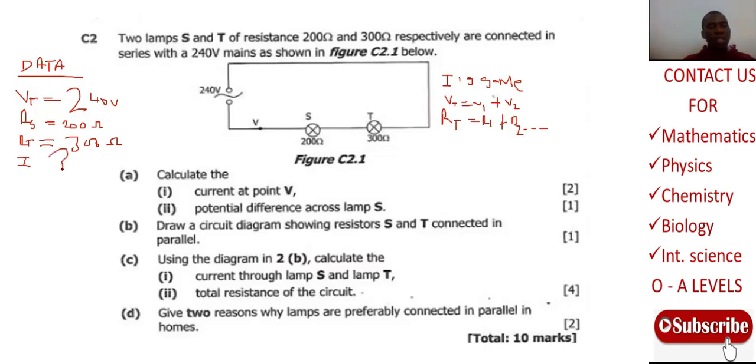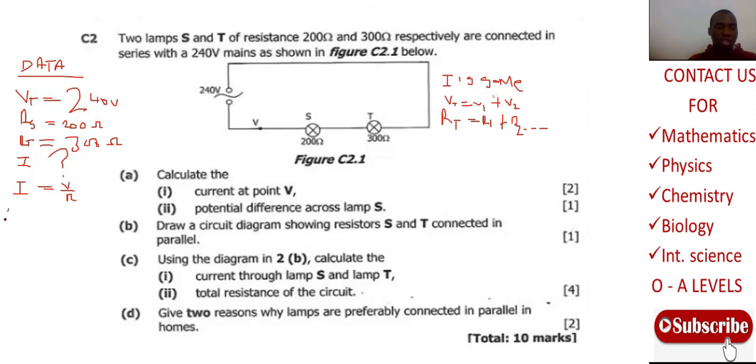Now, because current is the same in the circuit, we first of all need to know the formula, which says current is equal to voltage over resistance. Now, since current is the same here, we first of all need to know the total resistance.